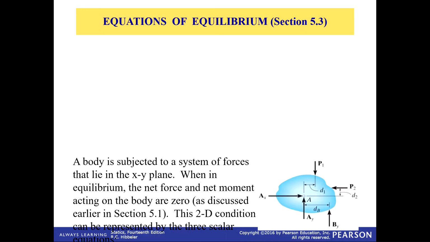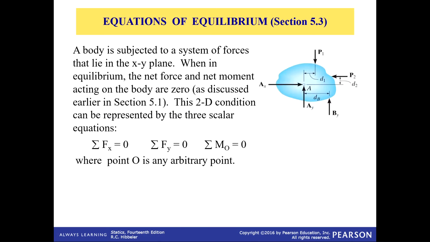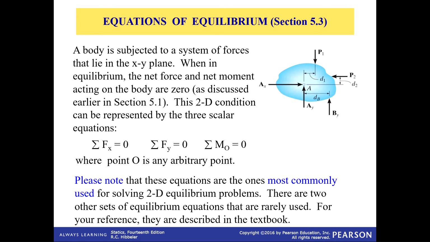So with that in mind, if you remember when we got to Chapter 4, we introduced this concept of moment. So we're going to take that one step farther in Chapter 5, and we're going to now have three equations.